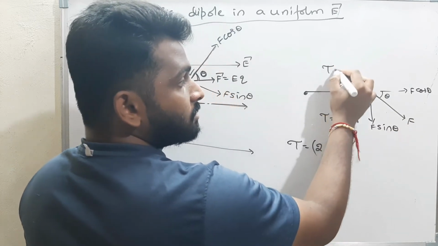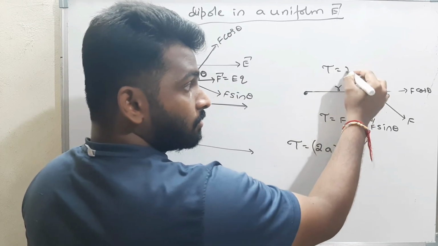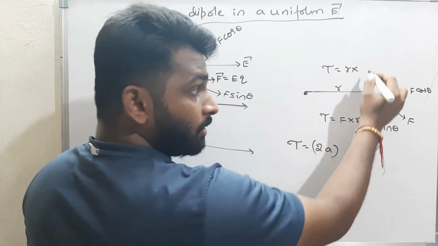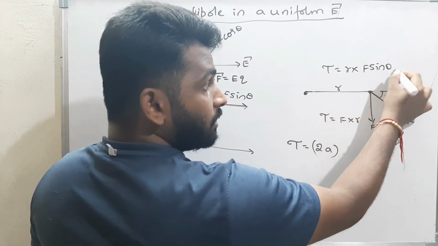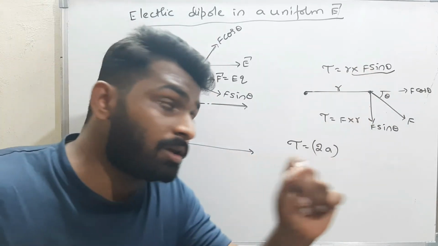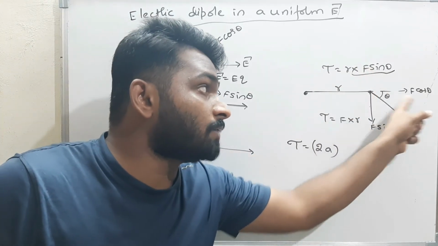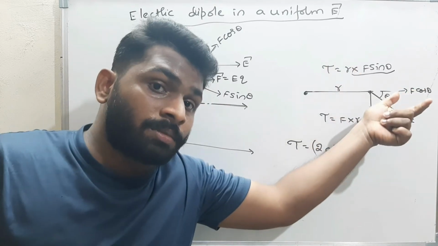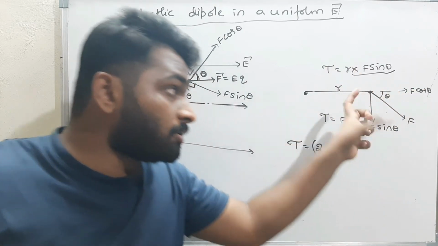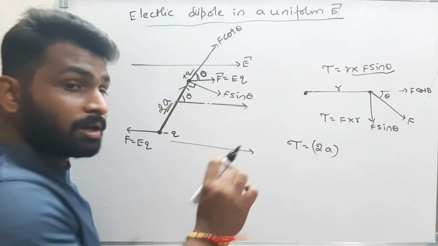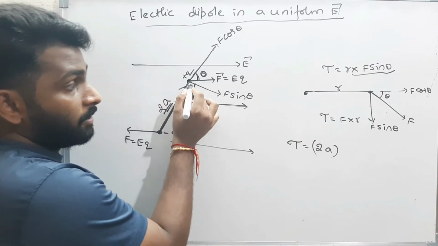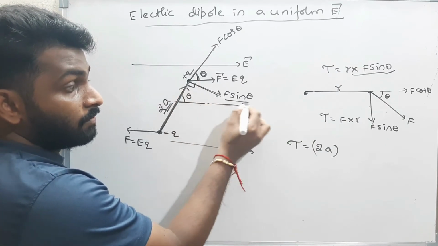Now the torque is distance into the perpendicular force. The perpendicular force is f sin theta. I should take only the perpendicular force. Because of this f cos theta, this body won't rotate. Because of this f sin theta, only the body is rotating. Therefore, I will only take the perpendicular force. What is the perpendicular force? The perpendicular force is f sin theta.